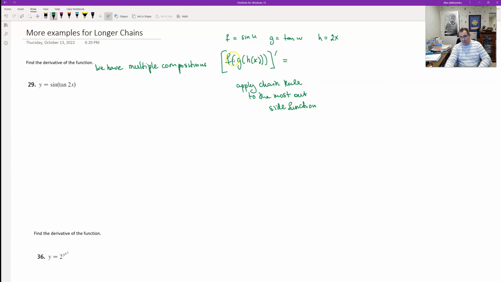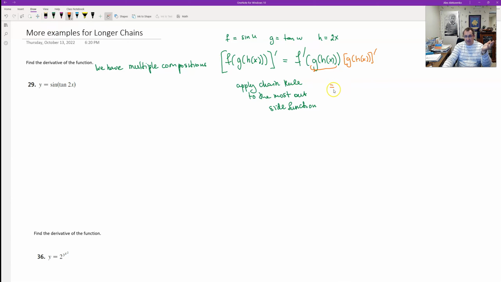Namely, f is the most outside function, so we'll take the derivative of f, and we will evaluate it on g of h of x, and then we will take that g of h of x, put it over here, and hit it with a derivative. And that's one step of the process.